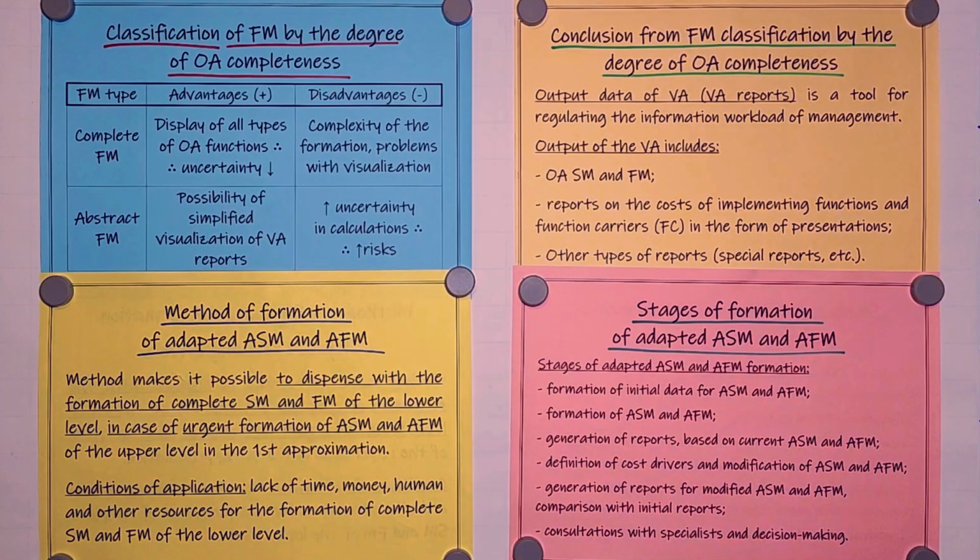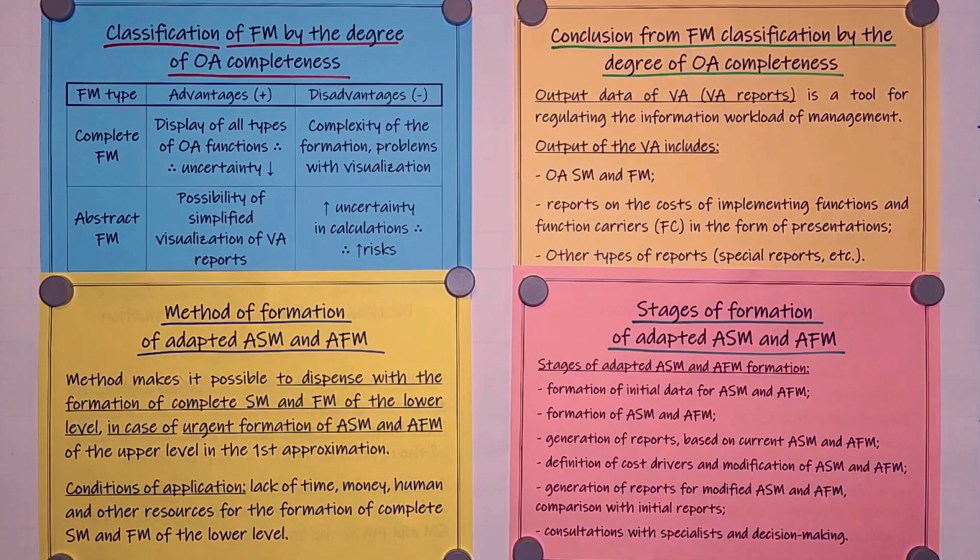The next: formation of standard or special reports on the conduct of the value analysis on the basis of modified abstract structural and functional models. The next: comparison of reports on the analysis of the original and modified design components. The next stage is a consultation with the participants of the project working group based on the modified abstract structural and functional models and value analysis reports.